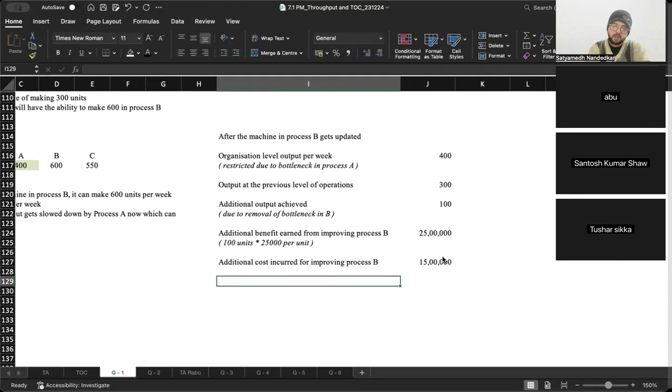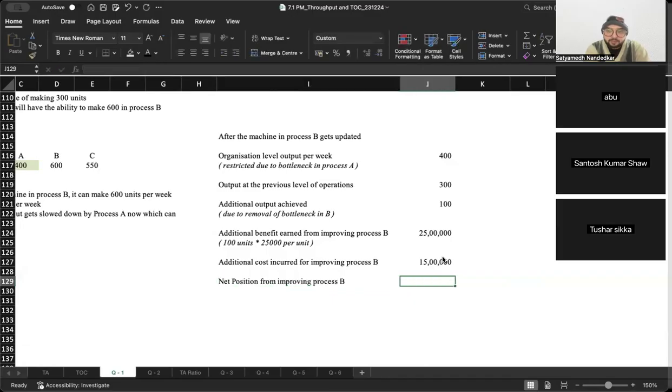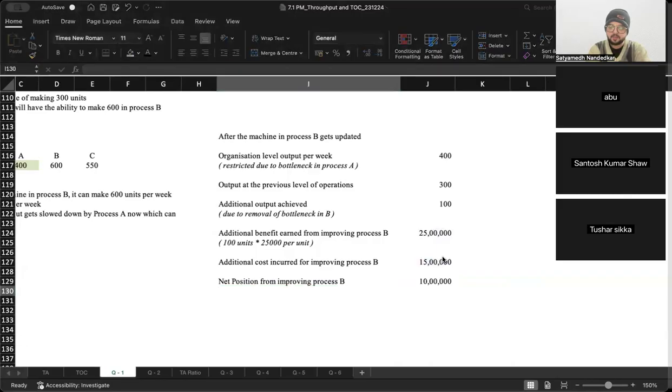Additional benefit, additional cost. So what is the net benefit or net position? Net position from improving process B: this minus this, 10 lakhs.